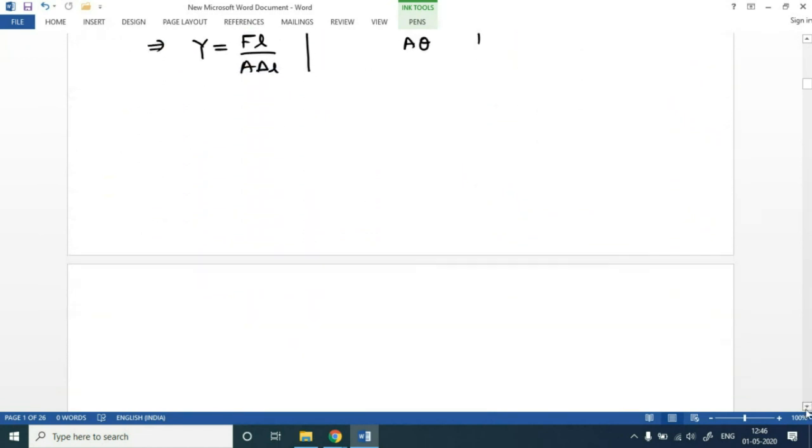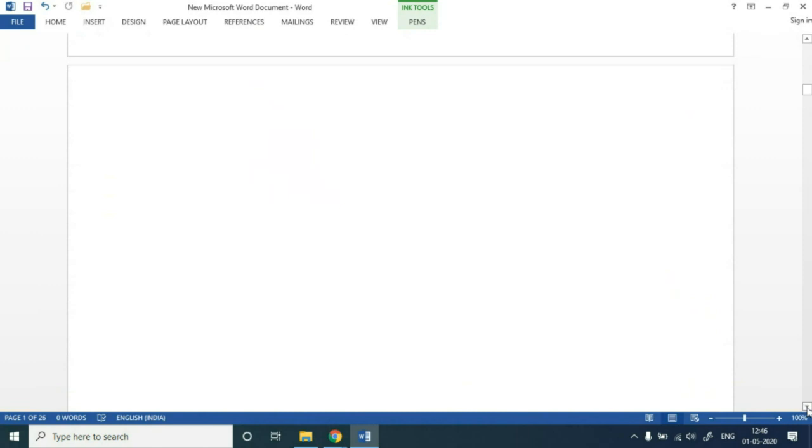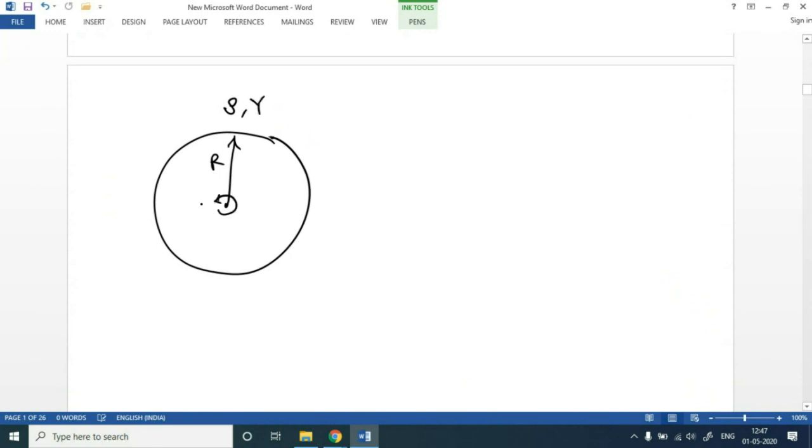Okay, now let's take some questions in which we will be using these moduli in order to find out the elongation, etc. One very simple question let me put over here. Let's say we have a uniform ring of radius r, and its density is rho, and its Young's modulus is Y, and this ring is rotated about this axis with angular velocity omega.